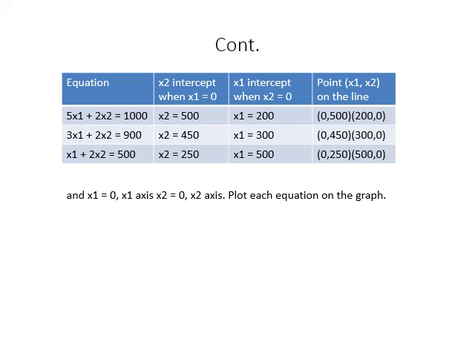The last constraint states that x1 plus 2x2 equals 500. x1 equals 0 gives x2 equals 250, and x2 equals 0 gives x1 equals 500. Points 0, 250 and 500, 0. And x1 equals 0 is the x2 axis, x2 equals 0 is the x1 axis.